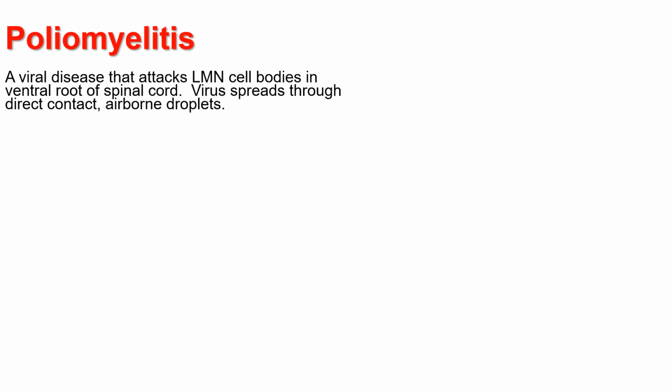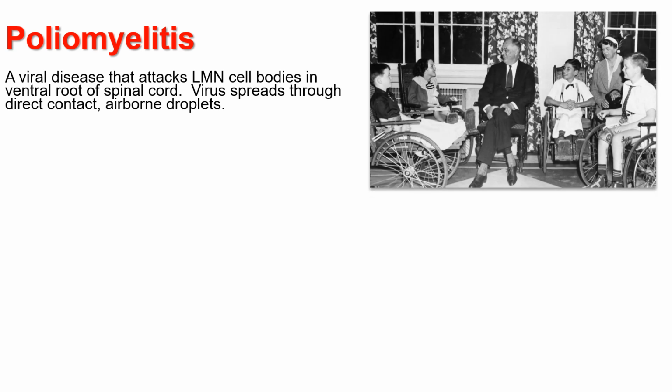It's very, very contagious. There are some famous people that you might know of. Franklin Delano Roosevelt, who was the president of the United States during the end of the Depression and World War II. He's the only president to have served more than 2 terms.